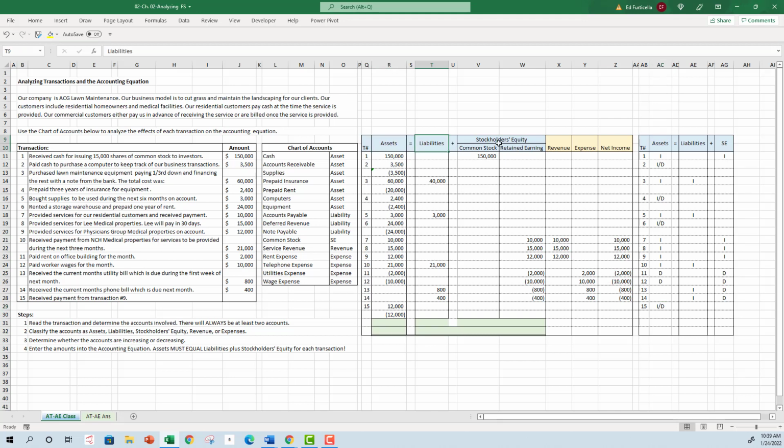So let's total assets first. We add everything from transaction 1 all the way down through transaction 15. When we sum those totals, we get $239,000.